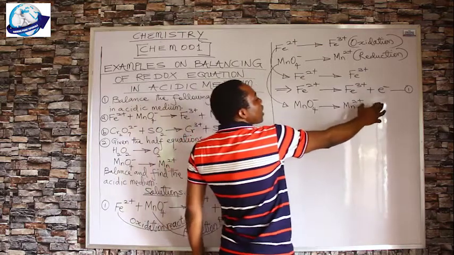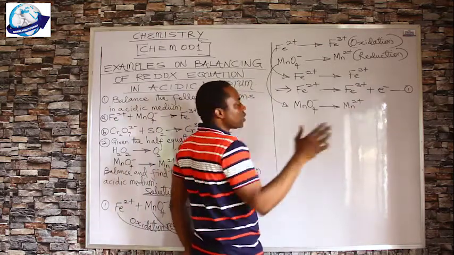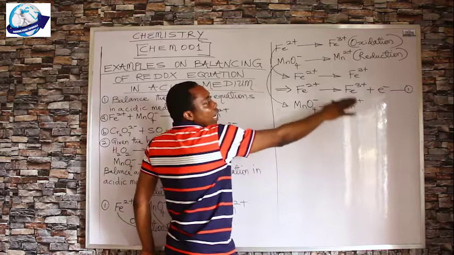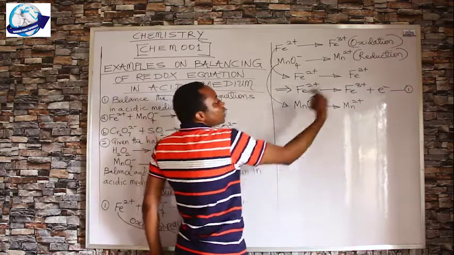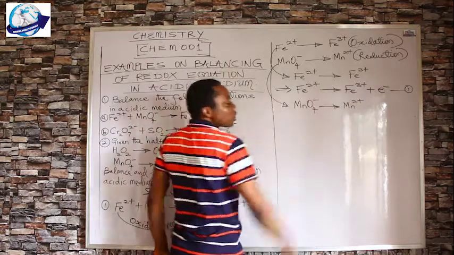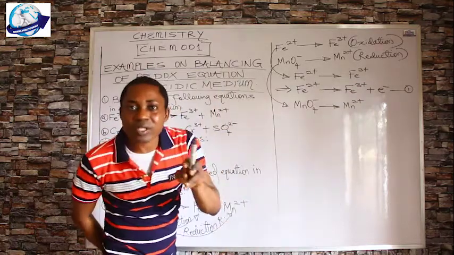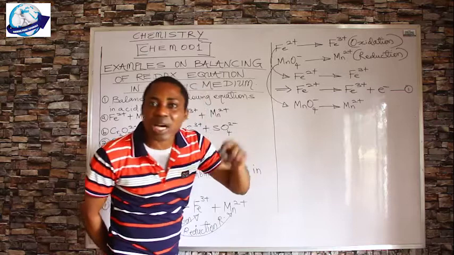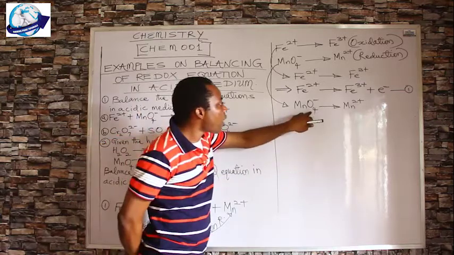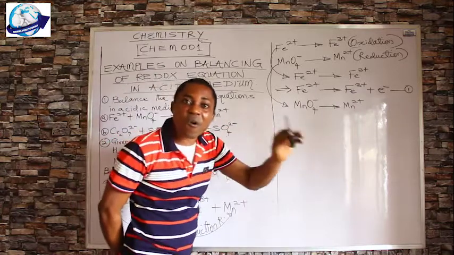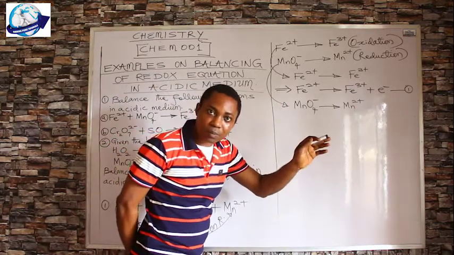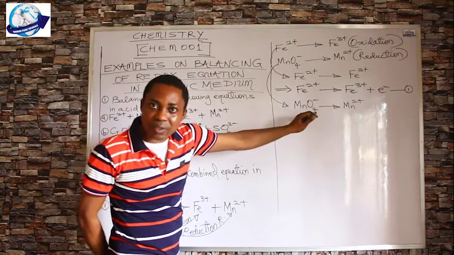That is the deficient side, the side that is lacking oxygen, or has lesser oxygen. Then we go to that side and add water molecule, and it is based on the number of oxygen. Here we have 4 oxygen at the left hand side, so it means that we need 4 water molecule to add to the right hand side.